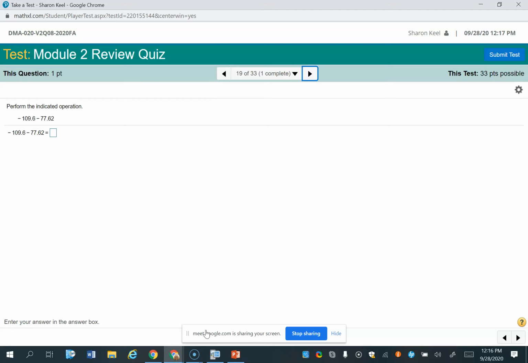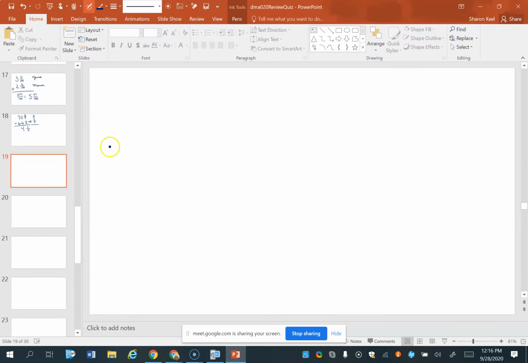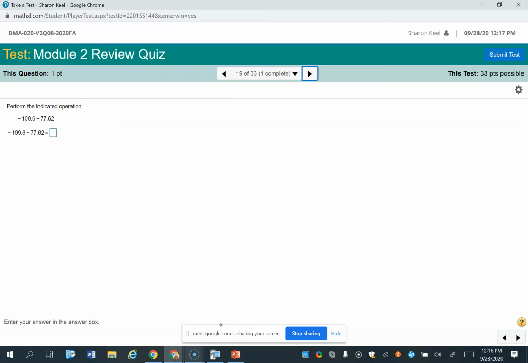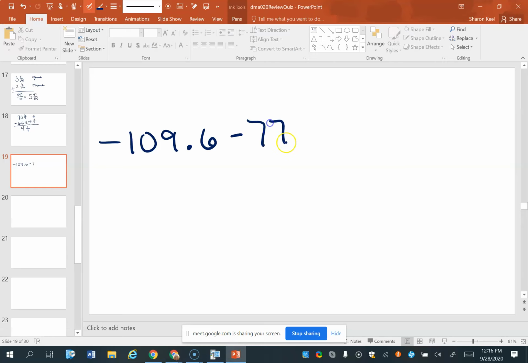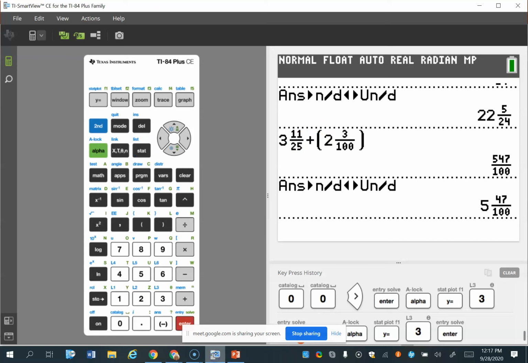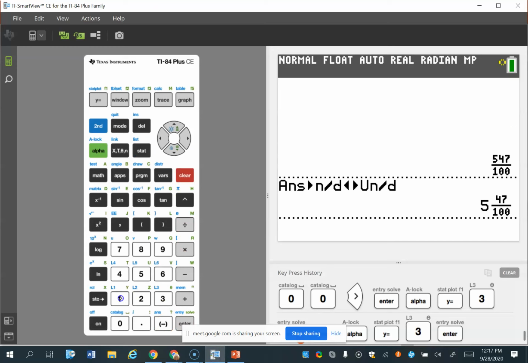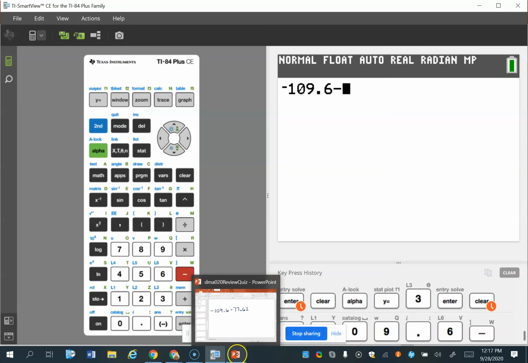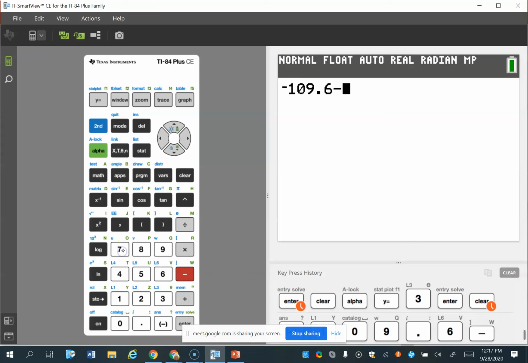Perform the indicated operation. So we have negative 109 6/10 minus 77 6/200. Okay, so we're just going to use our calculator. So we have negative 109 6/10 minus 77.